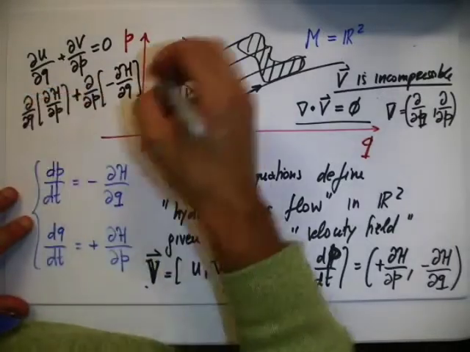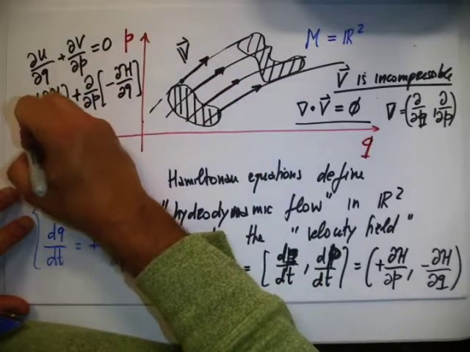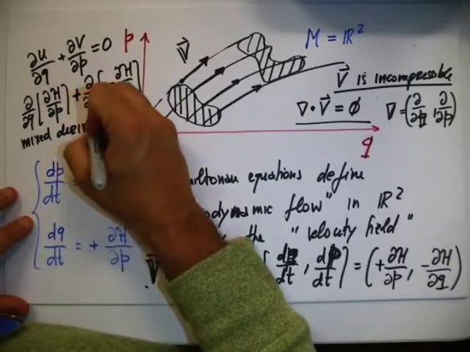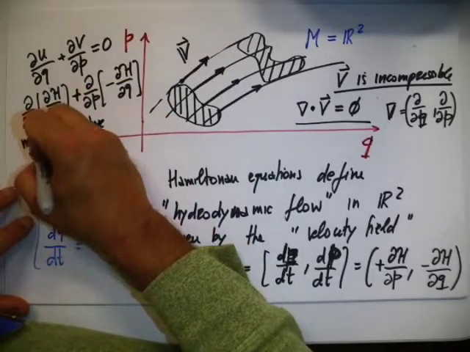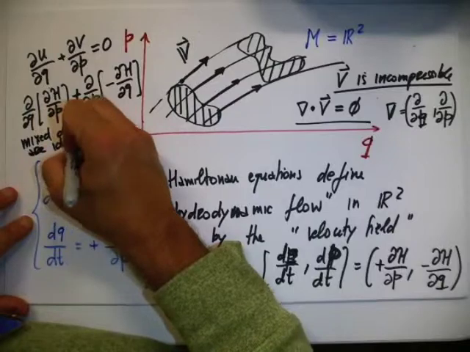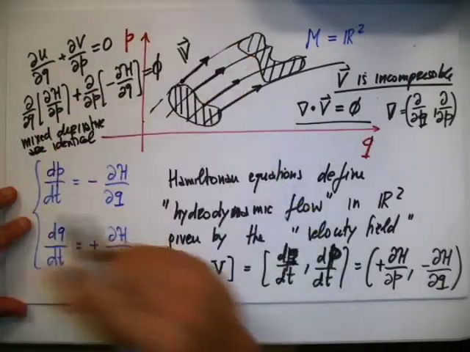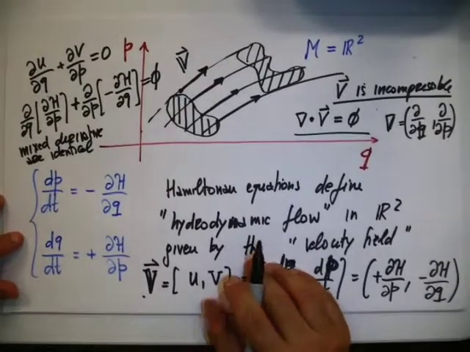And as you can see, mixed derivatives are identical, and this is basically equal to 0.